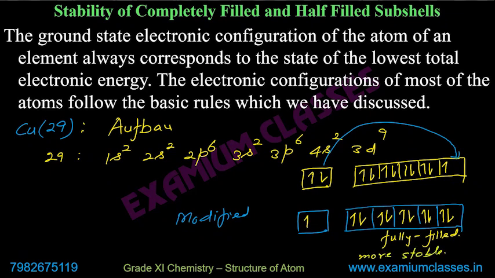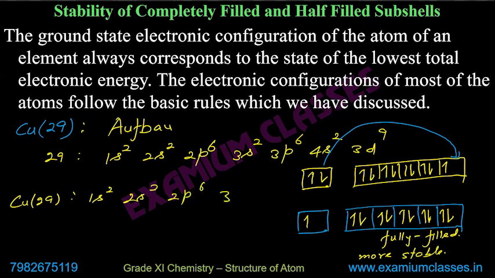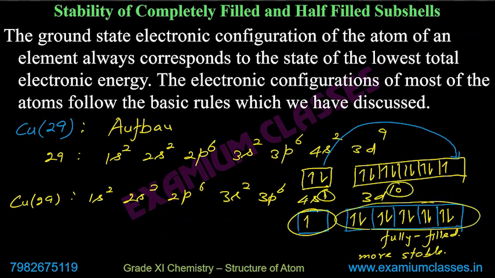Similar thing happens here. So in case of copper, the actual configuration is 1s2, 2s2, 2p6, 3s2, 3p6, 4s1, 3d10. 1 electron in S, 10 electrons in D to attain higher stability.